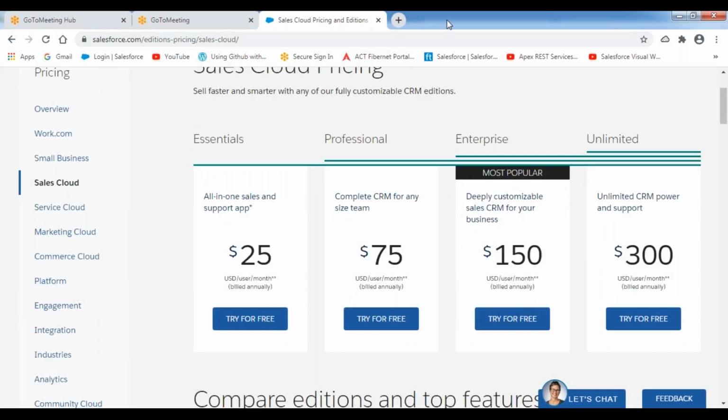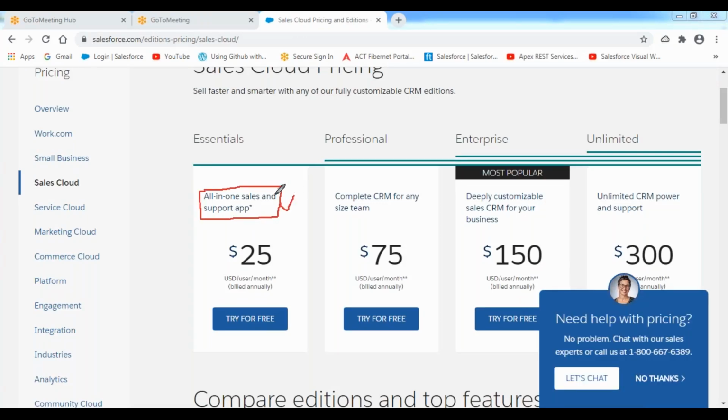Here they indicate an all-in-one sales and support application. Only two applications are available, the sales application and the service application, and for that they charge $25 per month per user license. The Professional Edition provides complete CRM functionality for any team size, at $75 per month per user license.